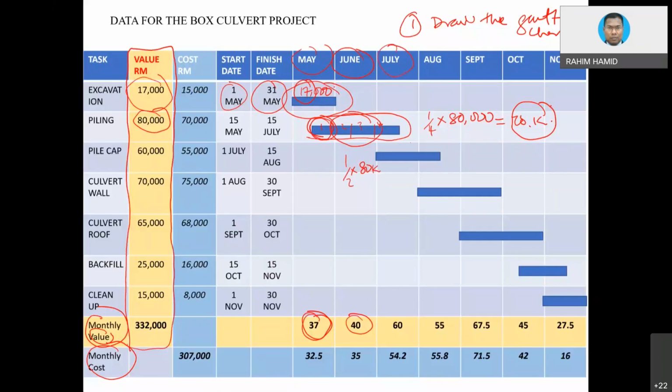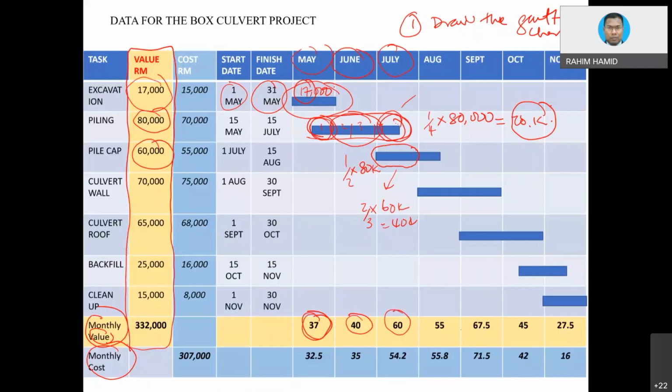It looks like 2/3 of this bar plus 1/4 of this bar. So 2/3 of that bar times 60K, no, 1/4 of this would be 20K. So this is 40K, plus this one is 20, and you end up with 60.